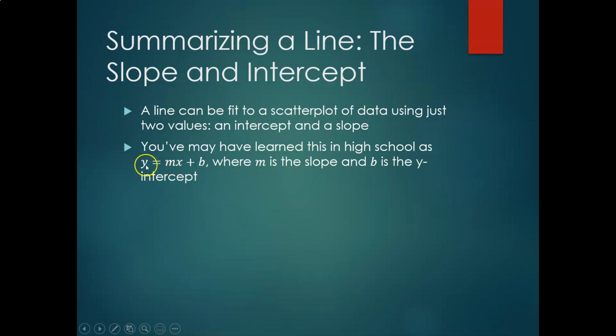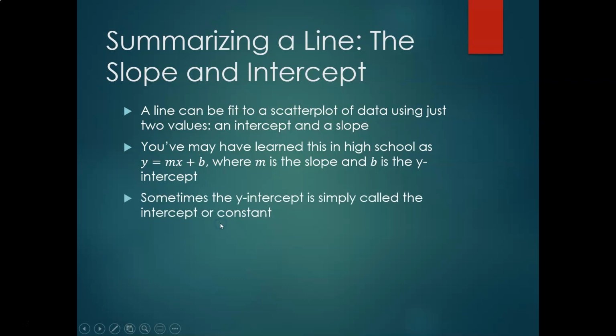So we take a value, which is y, this is going to be a predicted value, and it's going to turn out to be our value of x times the slope plus the point of origin on the vertical axis, or the intercept. Sometimes the y-intercept is simply called the intercept or the constant. However, we'll use slightly different notation than y equals mx plus b.